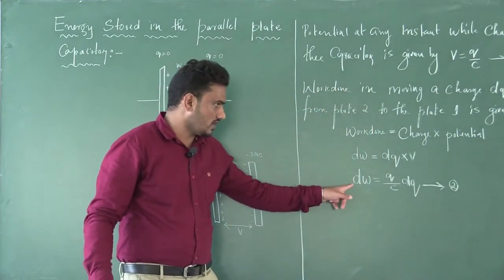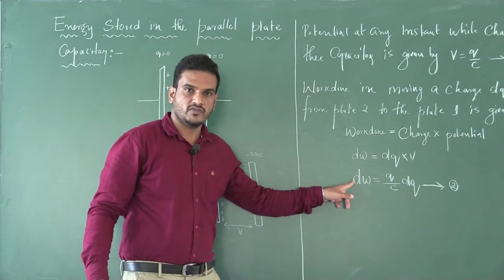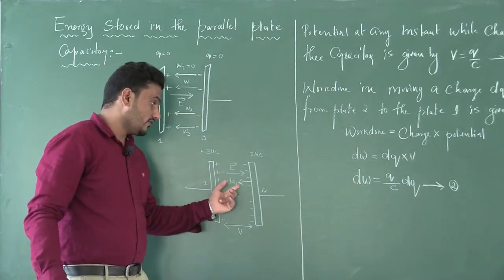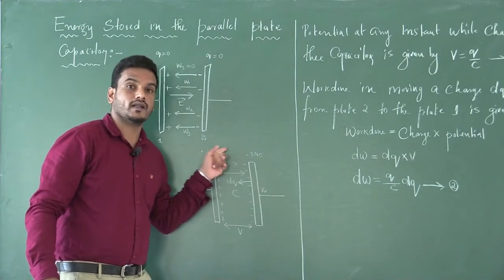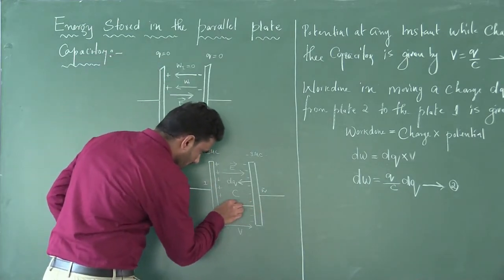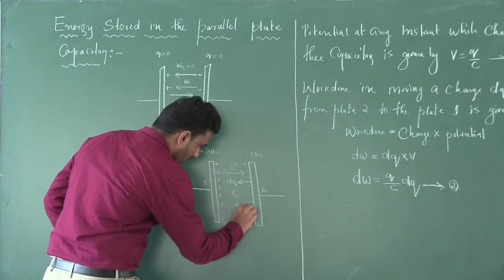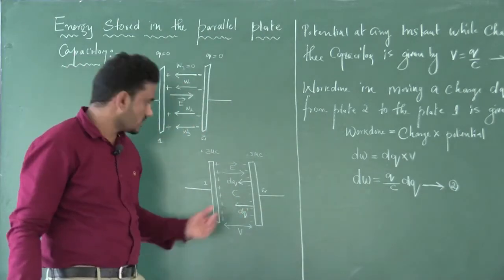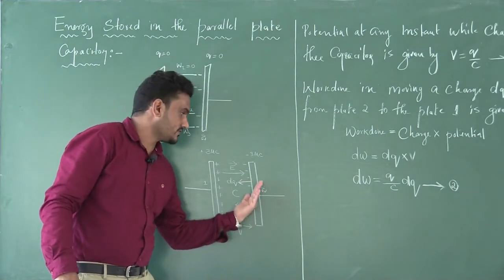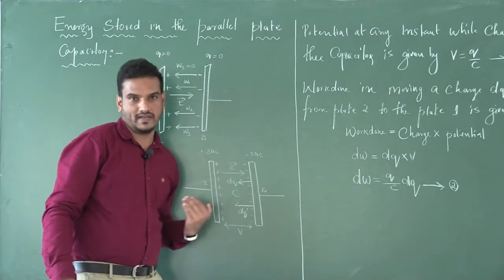So this is the small amount of work done we require to transfer a charge of dQ from plate 2 to plate 1. Similarly, I need to transfer one more charge, dQ dash. Like that, I need to transfer amounts of charge from one plate to the other.